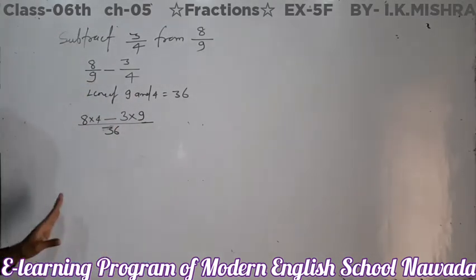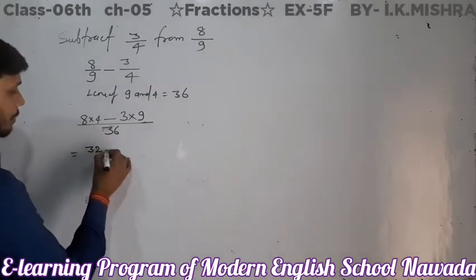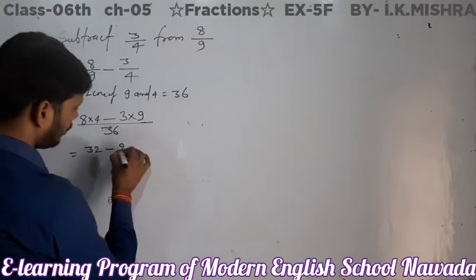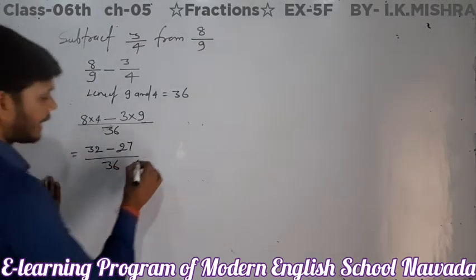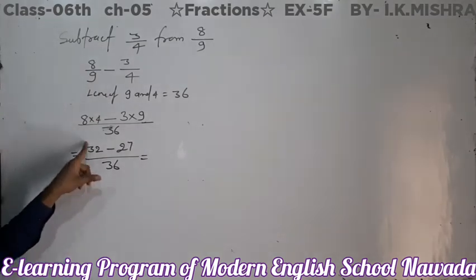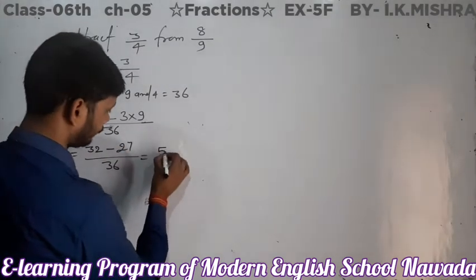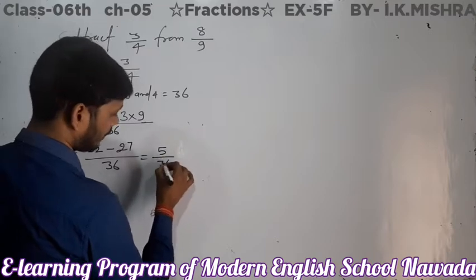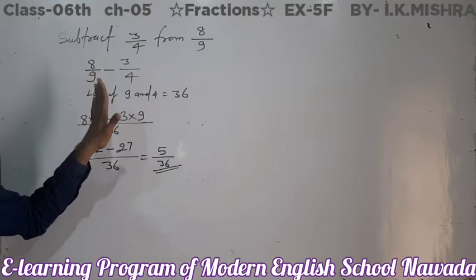Then 32 minus 27 by 36. After that we subtract the numerators: 5 by 36. This is your answer of this subtraction.